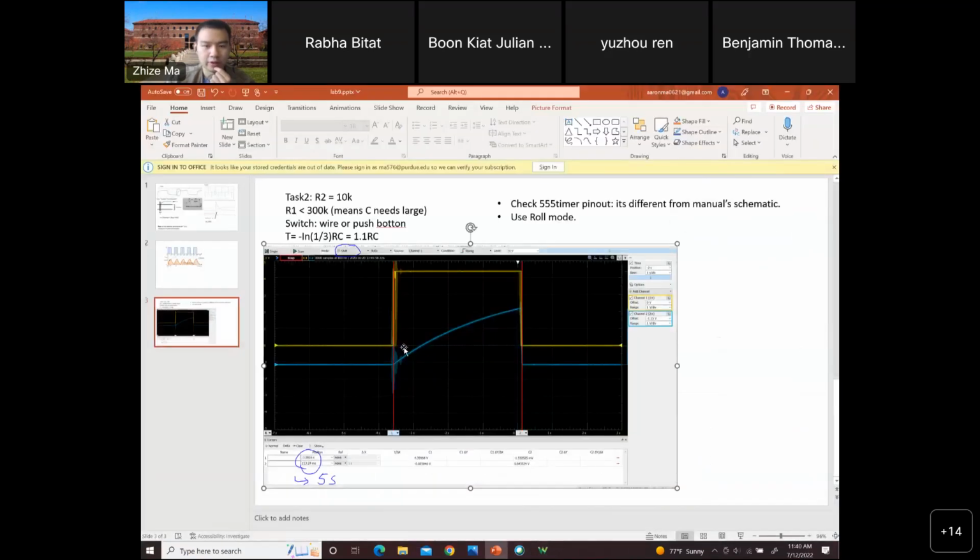Channel 1 is the output, channel 2 is the threshold voltage. You want to use the roll mode to measure these two signals, and you will see something like this. Then you pause your signal and use the cursor to measure the period of this pulse. It will be 5 seconds if you do everything correctly.